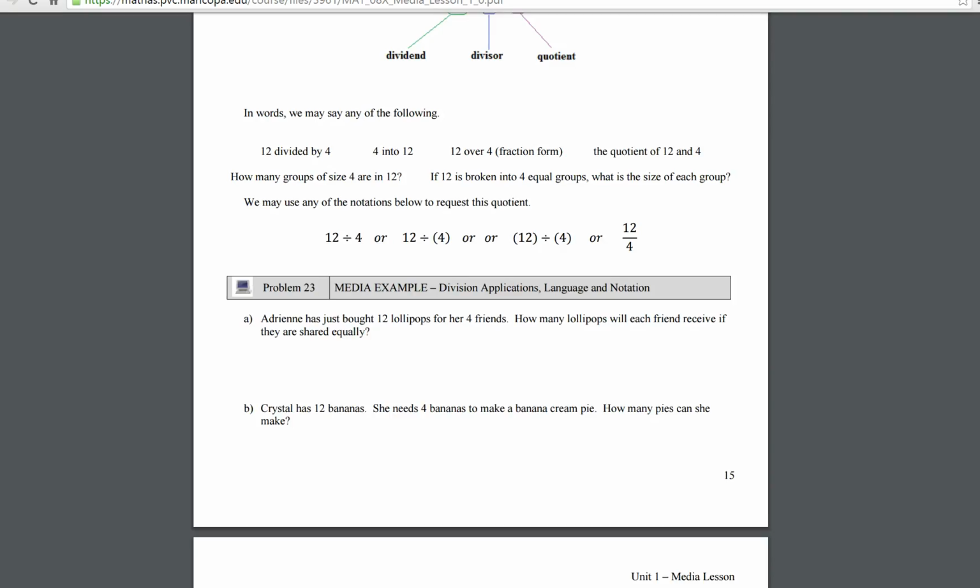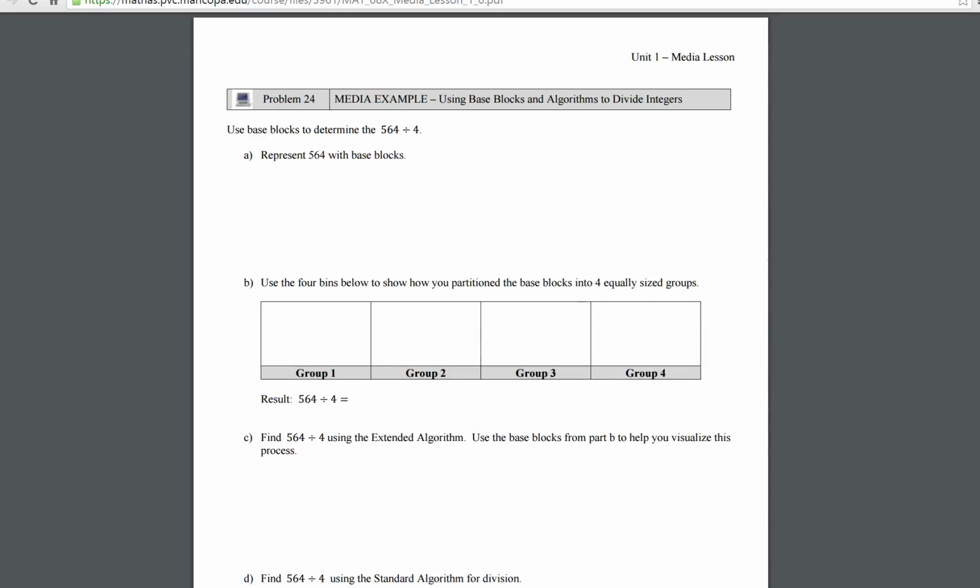Okay. With dividing, I did one type here, but there's really 2 types I'd like them to see in terms of base blocks. So here, this is use base blocks to determine 564 divided by 4. So in this one, since 4 is small, the easiest way to do it is to break this into 4 groups.